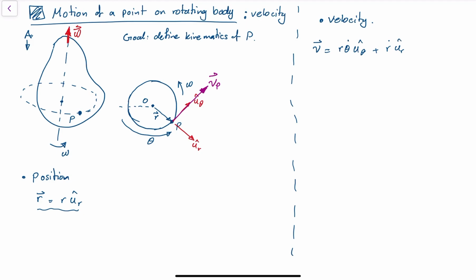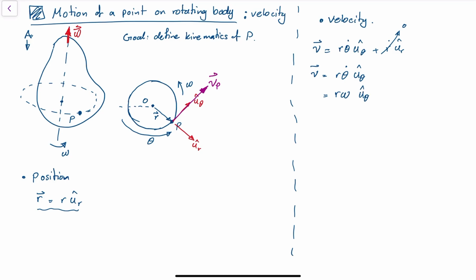Because we are dealing with a rigid body and rotation about a fixed axis, this doesn't change. So your velocity is r theta dot u_theta, or we have a new name for it, r omega u_theta.